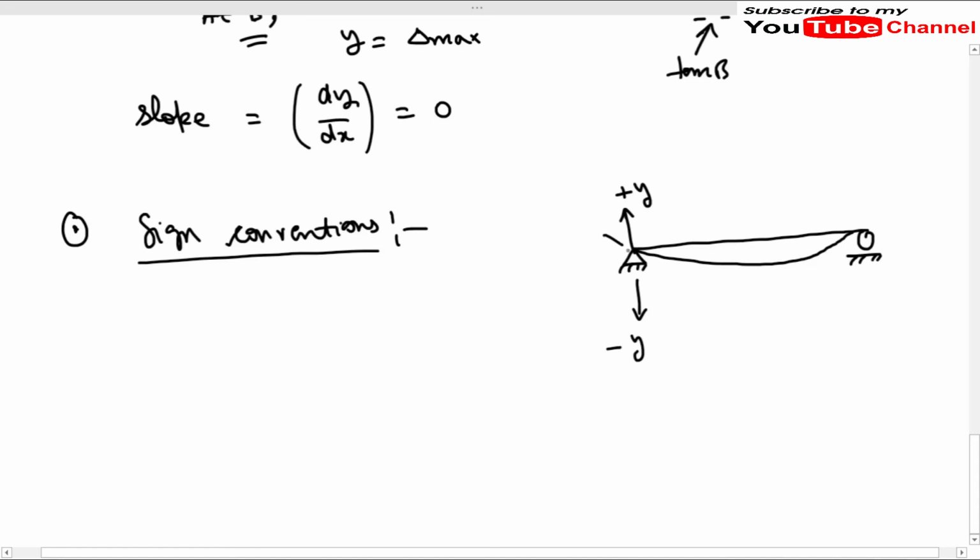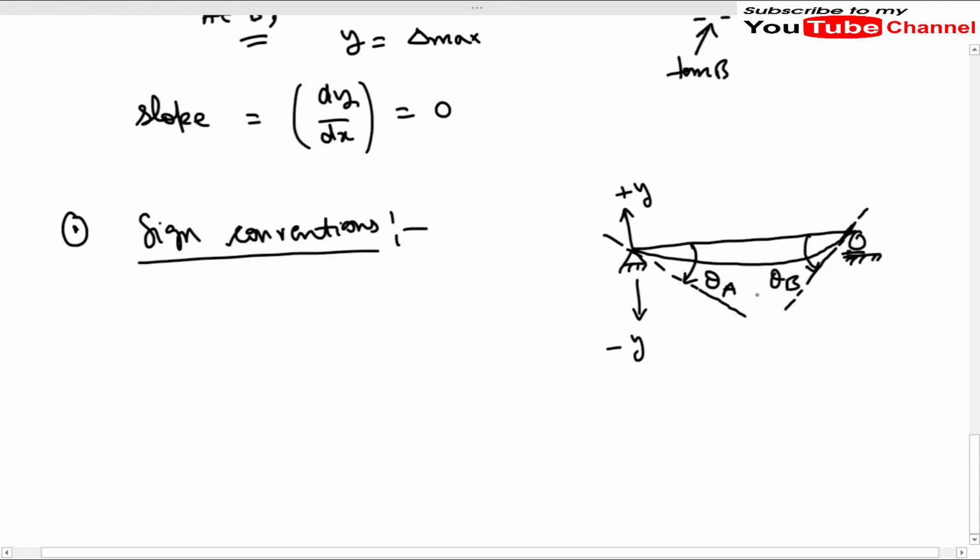If I measure this slope, let us name it theta A. Let me draw this again. This is a roller support. If I measure the slope at this point, it will be theta B.